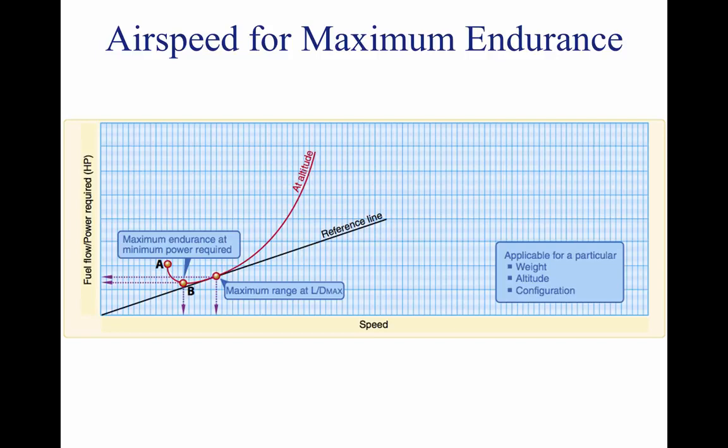This would occur during ground operations or when taking off and climbing. As airspeed is increased, power requirements decrease due to aerodynamic factors, and fuel flow decreases to point B. This is the point of maximum endurance. Beyond this point, increases in airspeed come at a cost. Airspeed increases require additional power, and fuel flow increases with additional power.